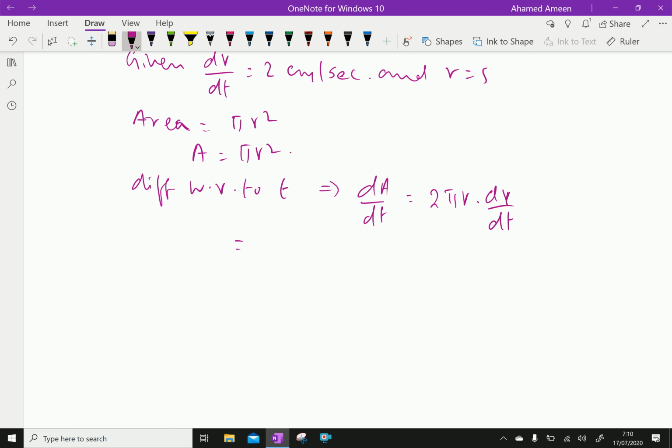Therefore dA by dt equals 2 pi r into dr by dt.